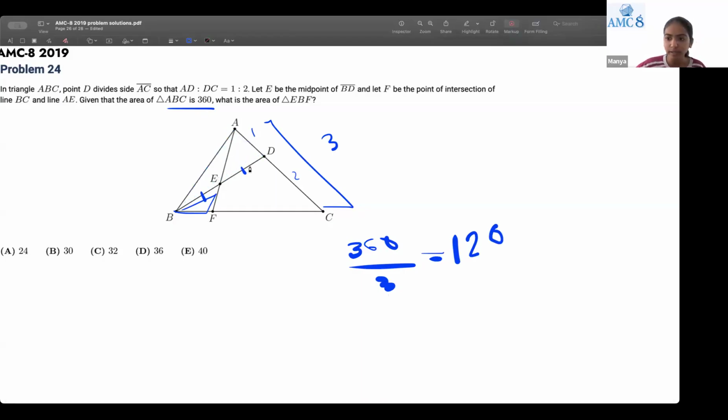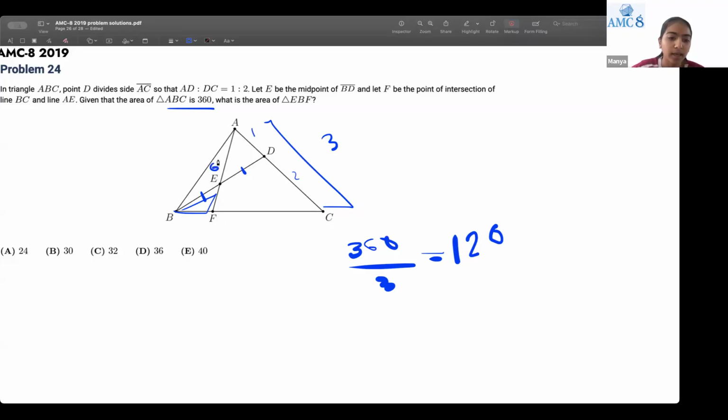But one thing that I would like to say before this is that we know that BE and ED are both equal, since I showed the congruency marks. And so then that means that the areas must be equal as well. And so we'll have to do 120 divided by 2.